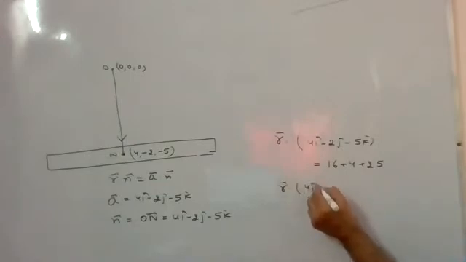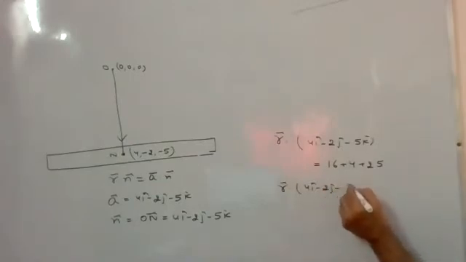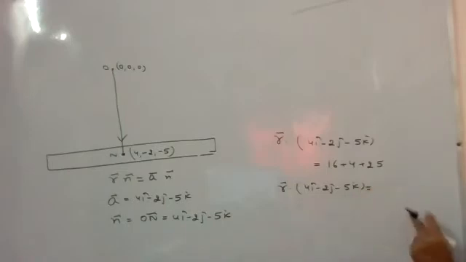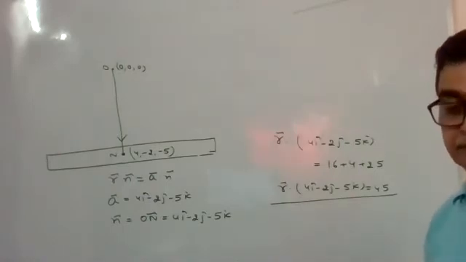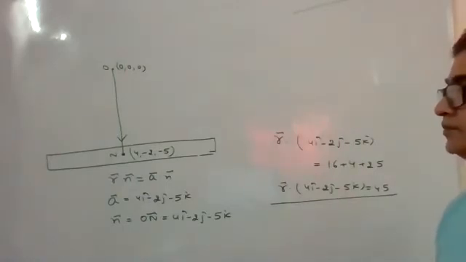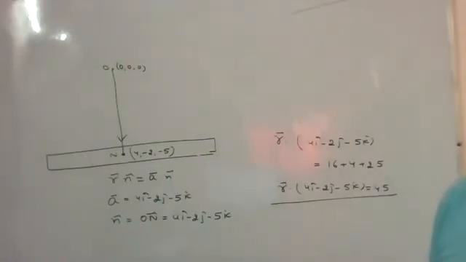R dot (4i minus 2j minus 5k) comes out to be how much? 16 plus 4 plus 25 is 45. Is it clear? Right, next question.